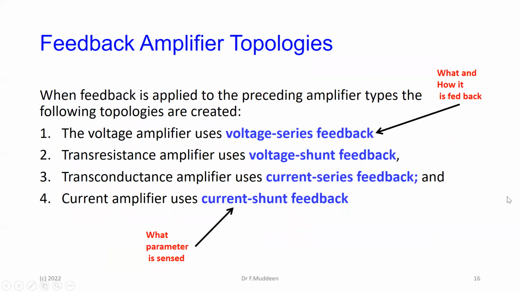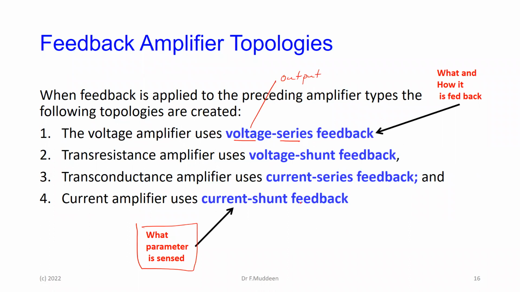Right? So here are the combinations now. Look at the terminology here. For the voltage amplifier, we have a two-part name, voltage series feedback. The first part of the name is telling you what I am sensing, in other words, the output. So a voltage amplifier has voltage at the output, so the parameter being sensed on the output is voltage.